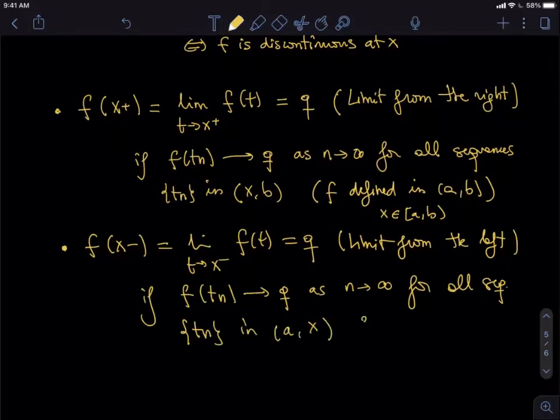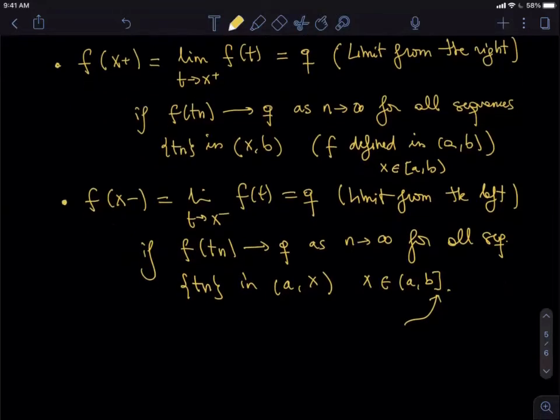As before, f is defined in [a, b], and in this case x could be any number between a and b, closed on the right. This may sound a little funny, but it's just in case we want the limit as t tends to b from the left of f of t, which is completely legitimate.